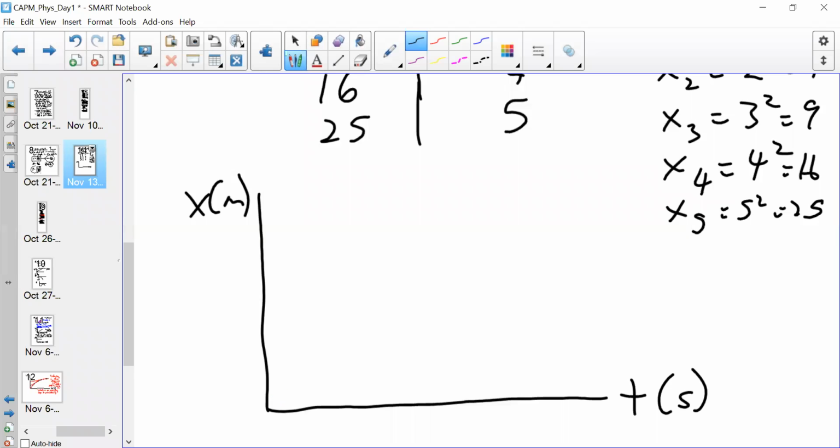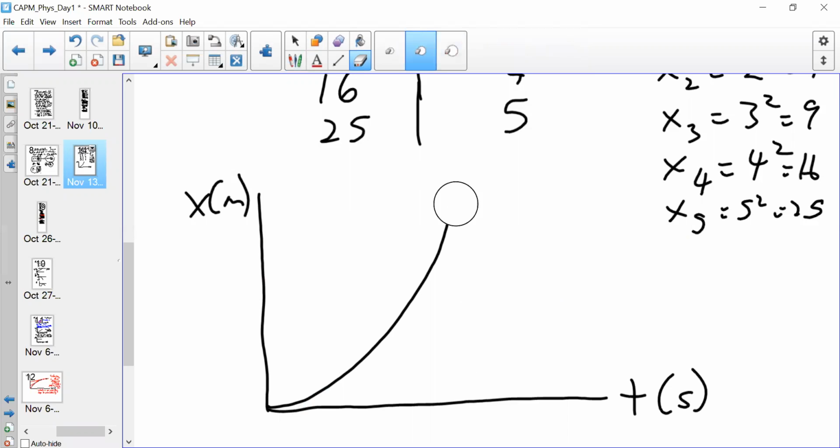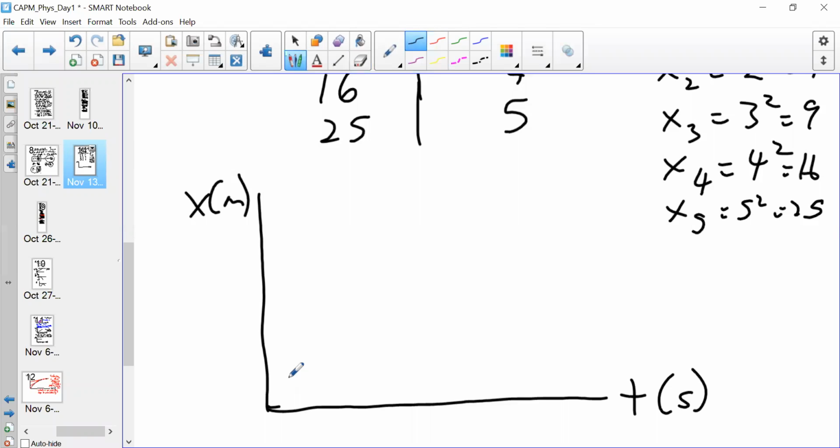It's going to be a quadratic function, something like this. T equals 1 all the way to 5 for all of these positions. I'll make that a little bit fatter. Like that.